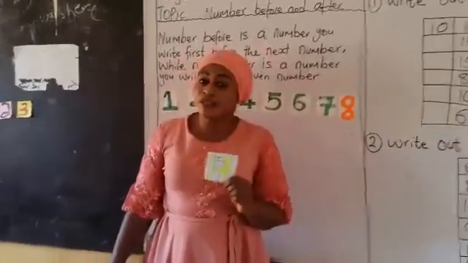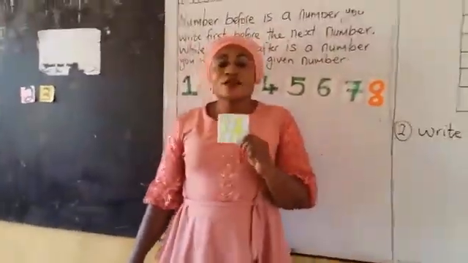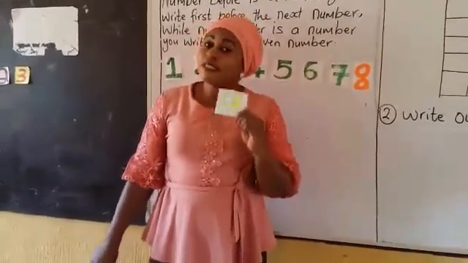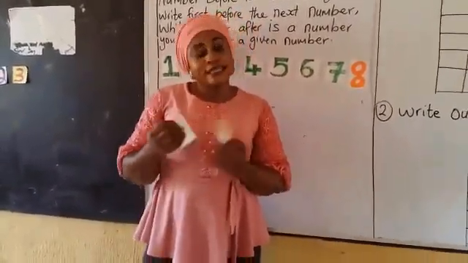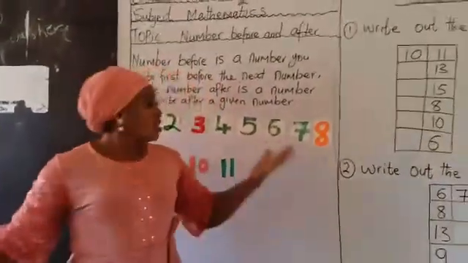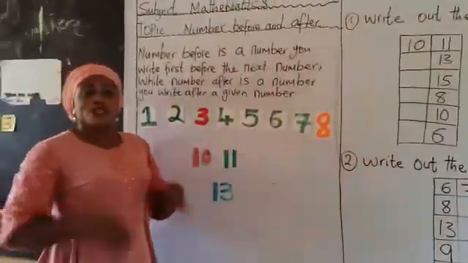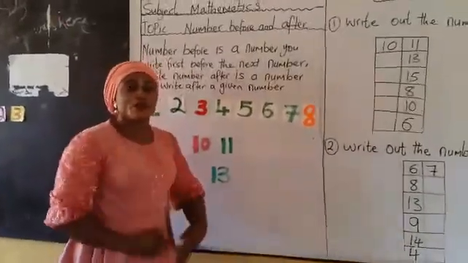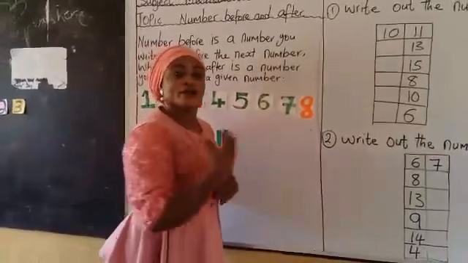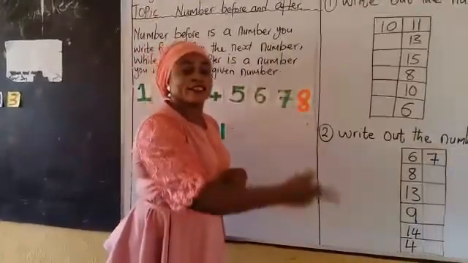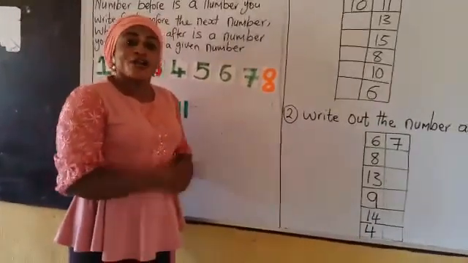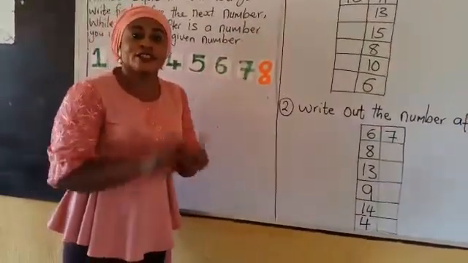Give me a number that is after 17. So the number after 17 is what? 18. You can see all these are examples of the number before and the number after. Number before is a number written before the next number, while number after is a number you write after a given number.